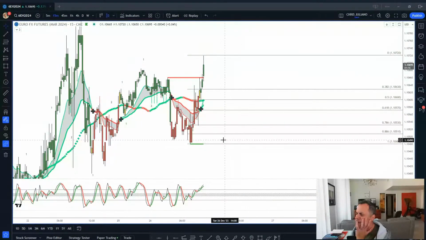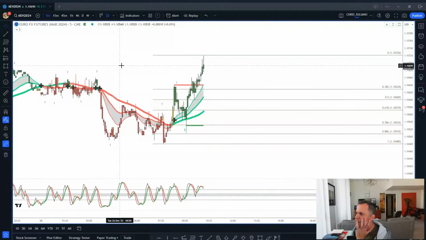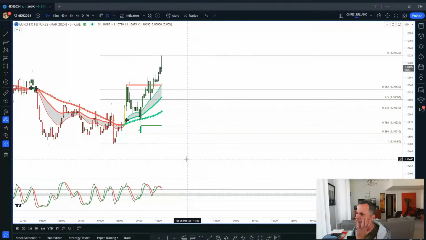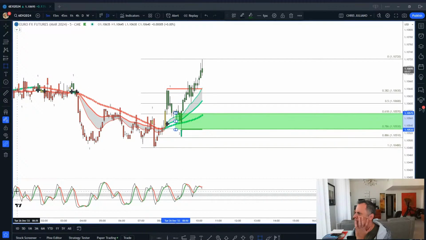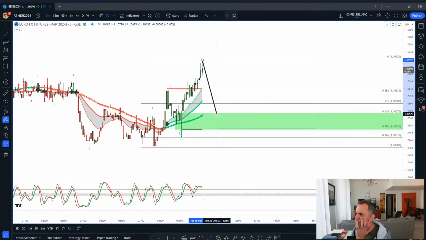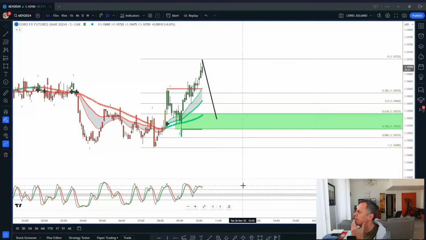15-minute chart. What about the 5? 5-minute is giving us the signal here. Could do something like that. That could give us a nice move. Pulls back. Could be.